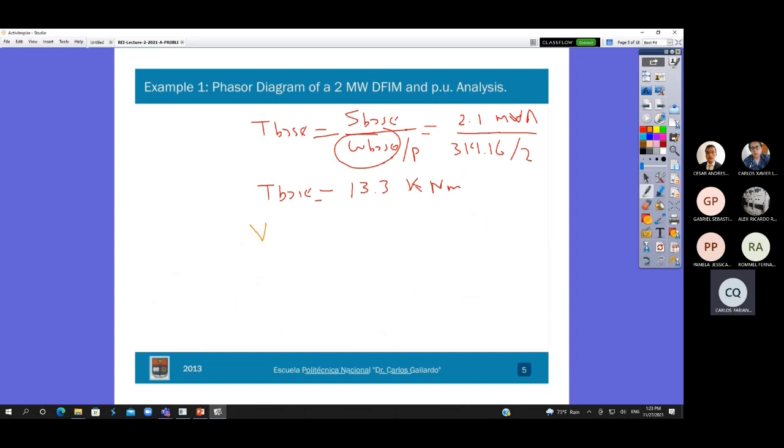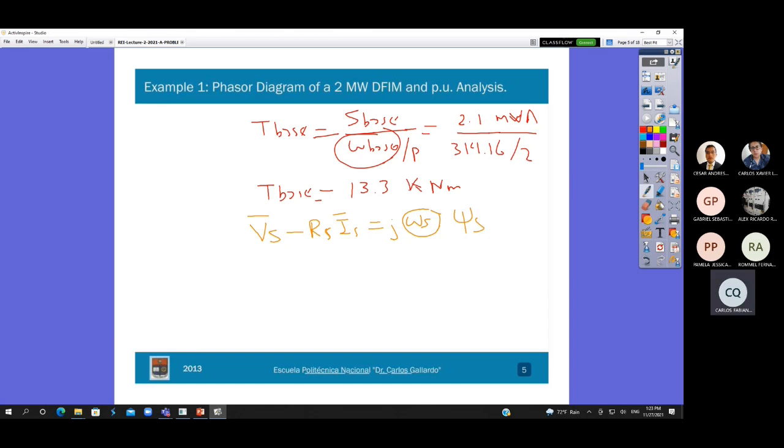From the equation we have already derived, the stator voltage minus the stator resistance times the stator current is equal to j times the speed times the stator flux. Normally this is the angular frequency, but I call it the speed.